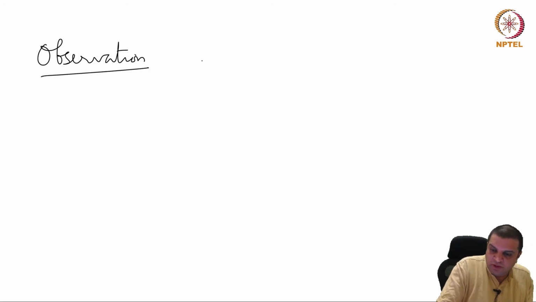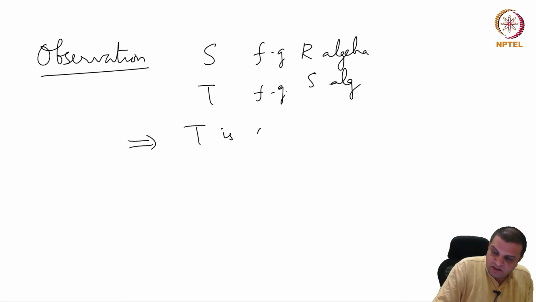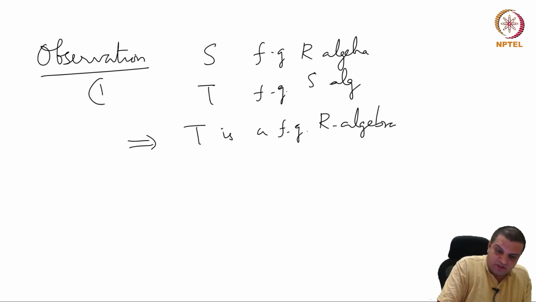Suppose we have S a finitely generated R algebra and T a finitely generated S algebra. This implies that T is a finitely generated R algebra. So this is one observation that we need.